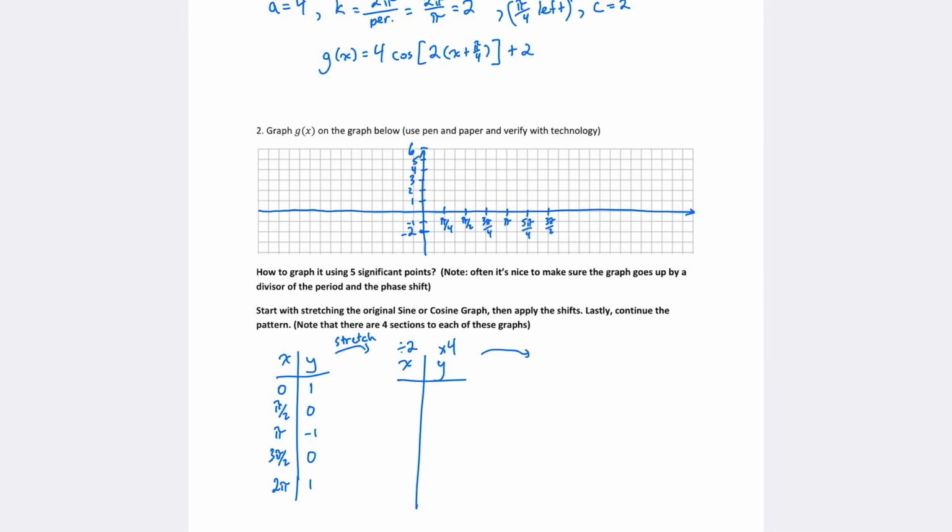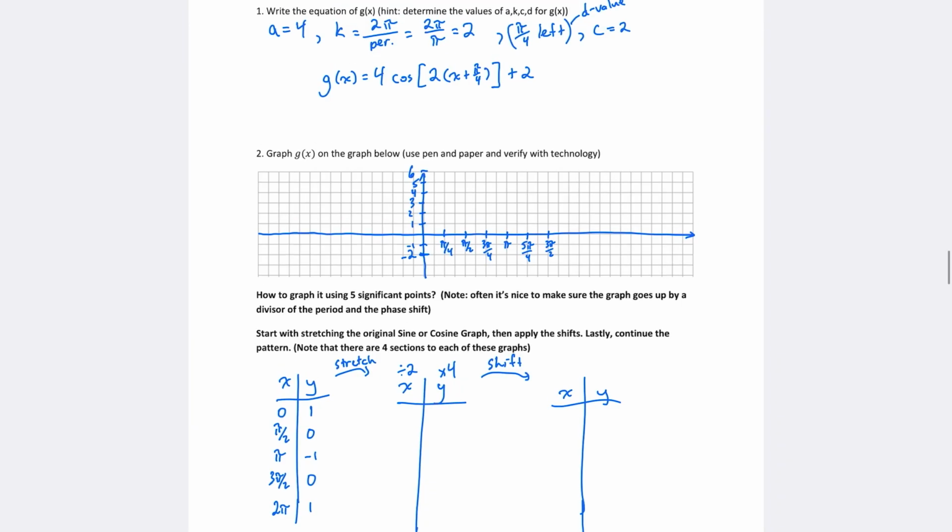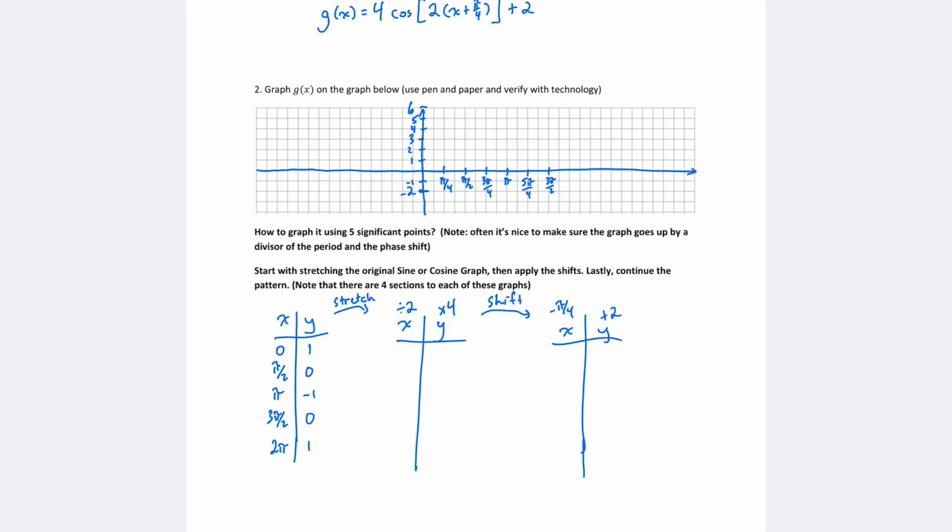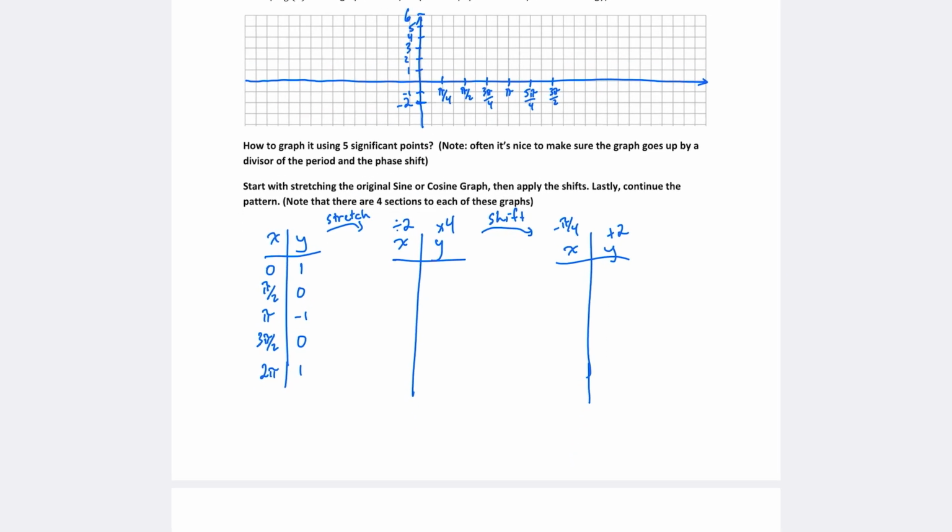The next thing we're going to do after this is we're going to shift. And so shifting is our adding and subtracting. So for the x's, remember we were shifting them pi over 4 to the left, right? So we're going to subtract pi over 4 from each of our x's, and then on our y values, we were adding 2 vertically to the graph. So we'll take each of these transformations and apply them to the situation.